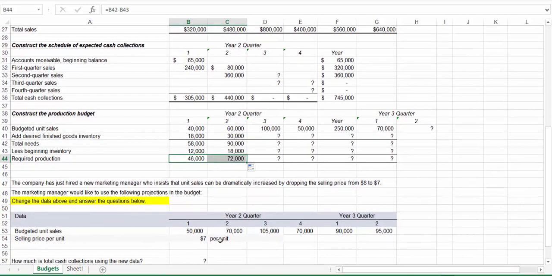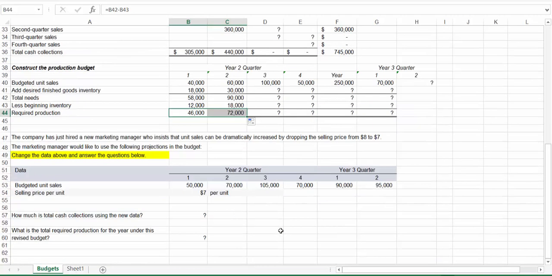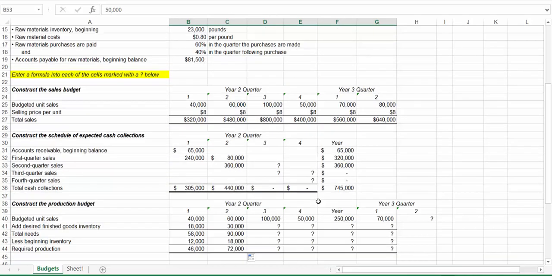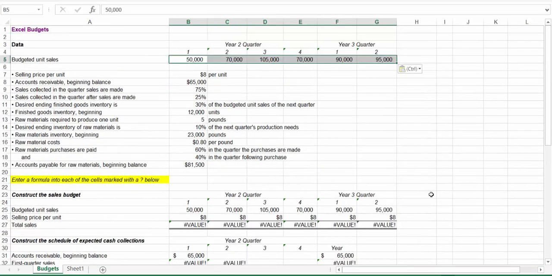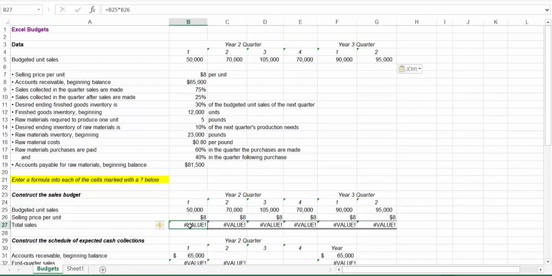Once you get all that done, you're going to change your data. That means you're going to take these numbers, copy them, and paste them in up here. Uh-oh, I did something wrong. This is B25 times B26. So what's wrong with that? I don't know. Let's see.